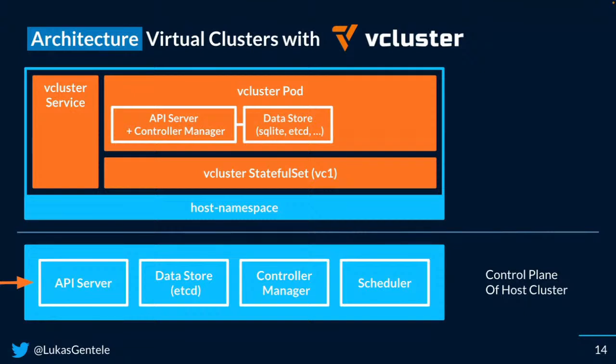And then we have a data store attached where we're actually storing the state of this virtual cluster, because the state of our virtual cluster is different from the state of our physical cluster, right? And that's the core piece of what makes the virtual cluster so powerful, because we have that isolation of the data store.